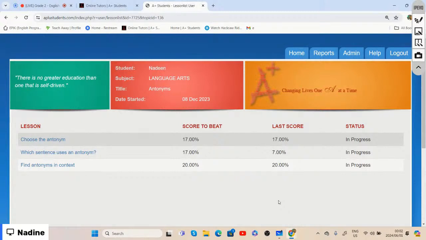Today, we'll be doing our grade 2 English lesson on antonyms. And before we start, we're going to log on to aplusstudents.ca.